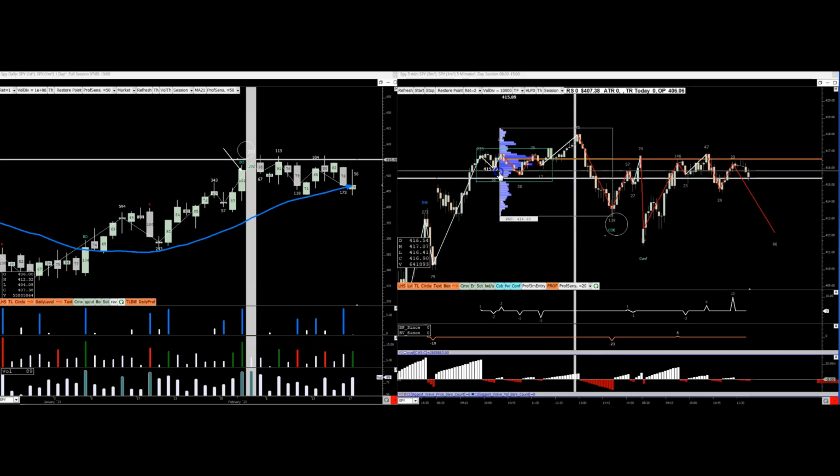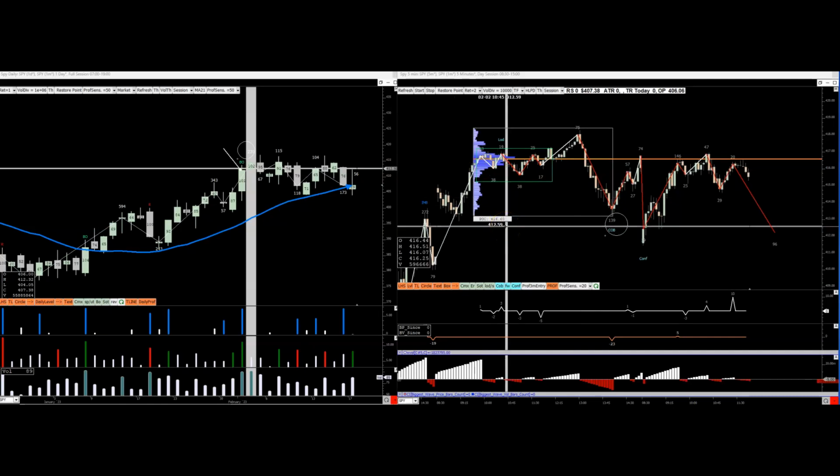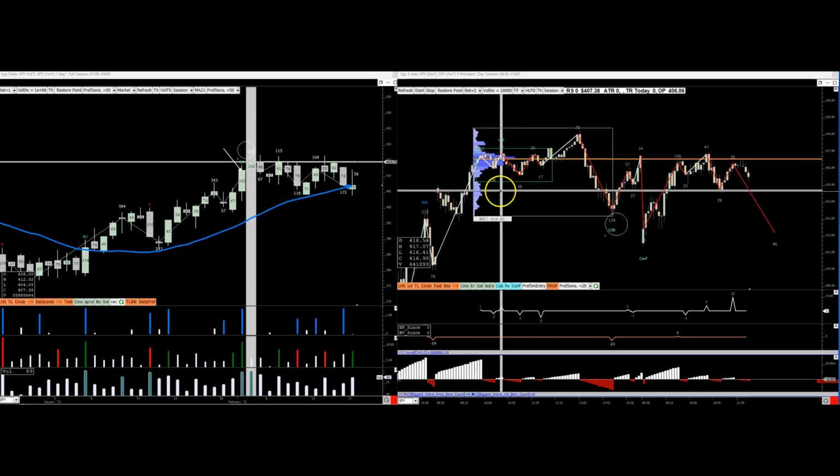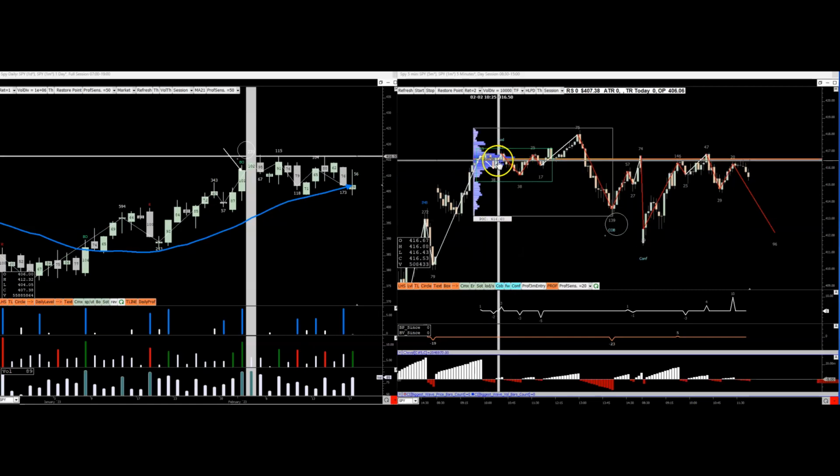You want to play with it and bring it back because you want to identify that level, where this level is not just a point of control or some value area or some bell curve. What it is doing is identifying distribution and the line of maximum distribution.